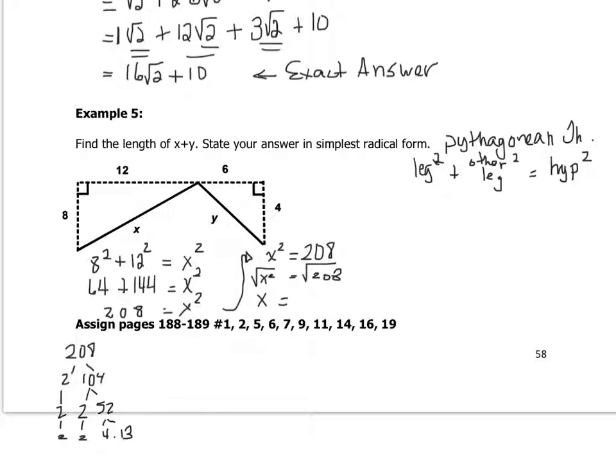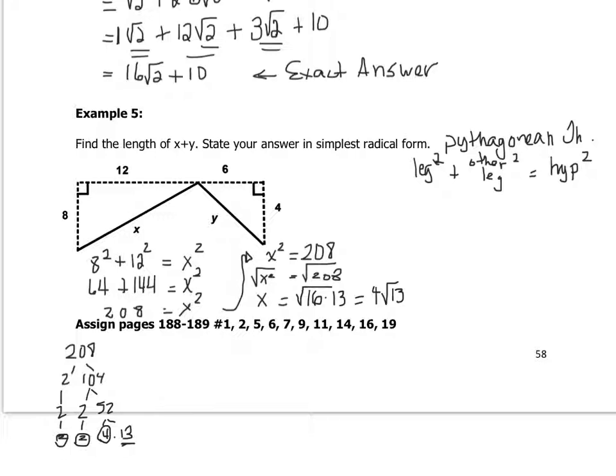Yes. So there's 2 2's and 4. So put those all together. The biggest perfect square factor is 4 times 4, which is 16. So that's going to be 16 times 13 is what's left over. And that simplifies to 4 root 13.